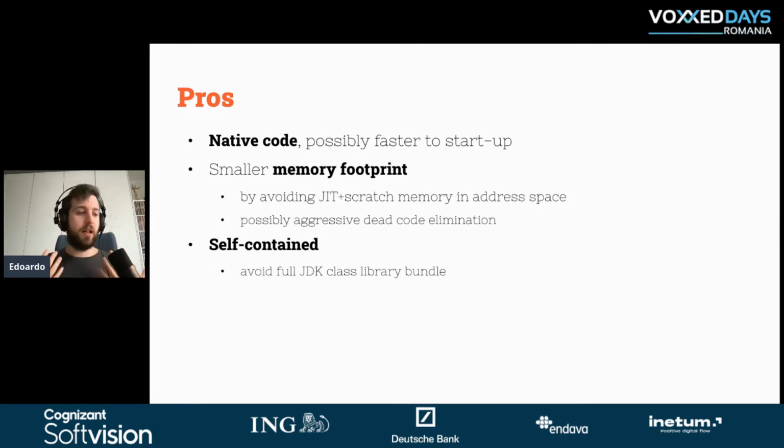If you are aware of what just-in-time compilation is, basically you are profiling the execution of your application, and then all those code paths that benefit from being compiled into native will be compiled into native. But in order to compile and then execute the code, you have to write it somewhere. And usually you will use the scratch memory, a memory area that resides in your address space.